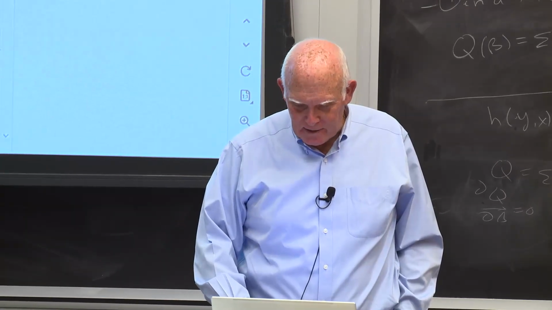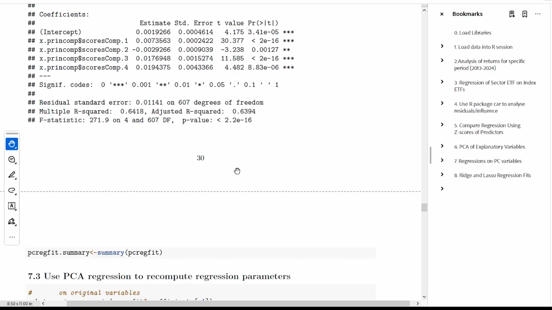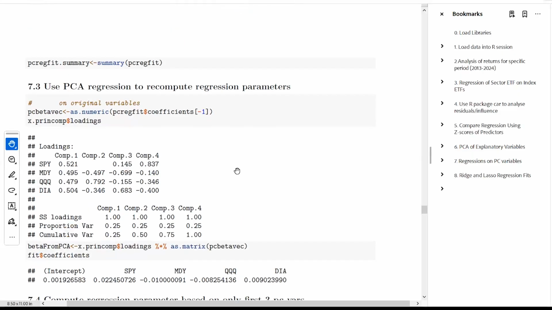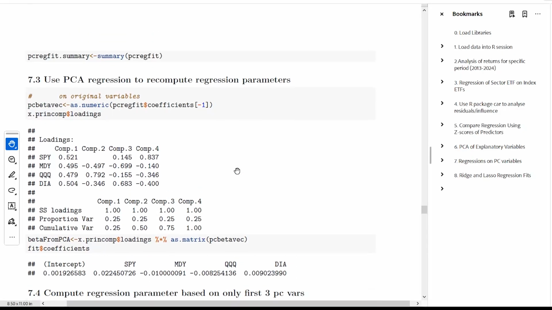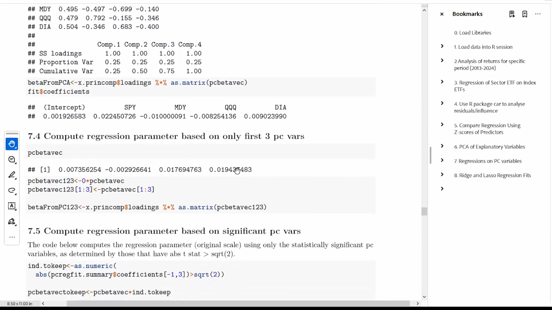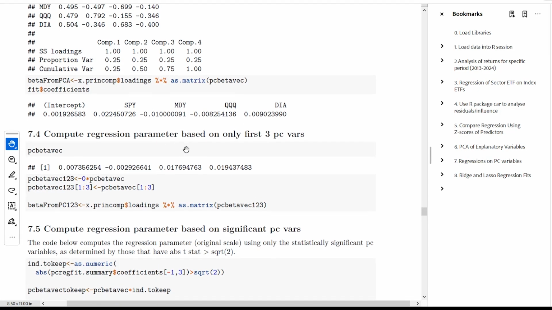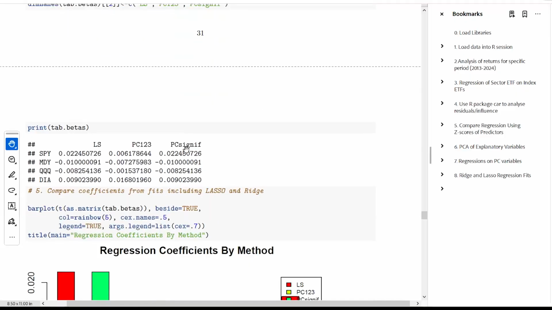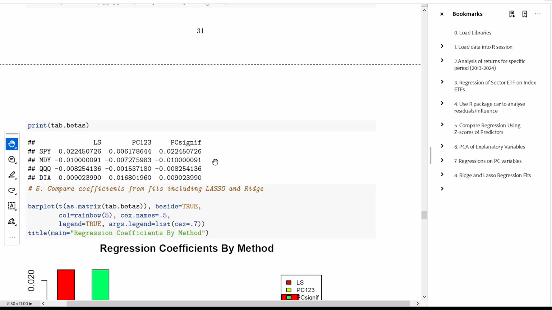And in this updated example, if we consider the regression parameters based on only the first three variables, we basically get these results.